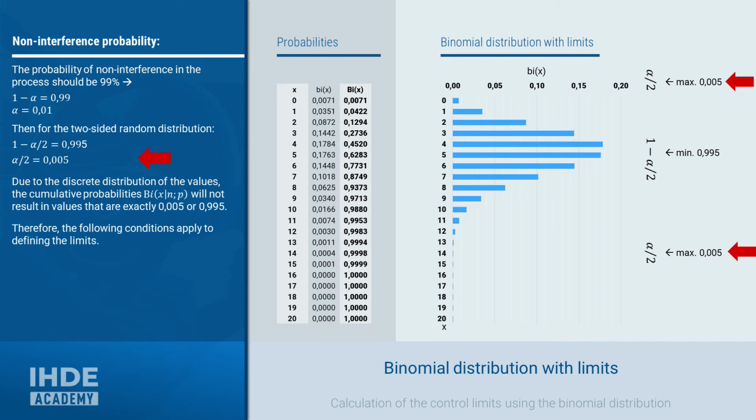For the two-sided probability distribution, alpha half is then 0.005. As we shall see shortly, the discrete distribution of values for the cumulative probabilities will not result in values that are exactly 0.005 or 0.995. Therefore, the following conditions apply to defining the limits.